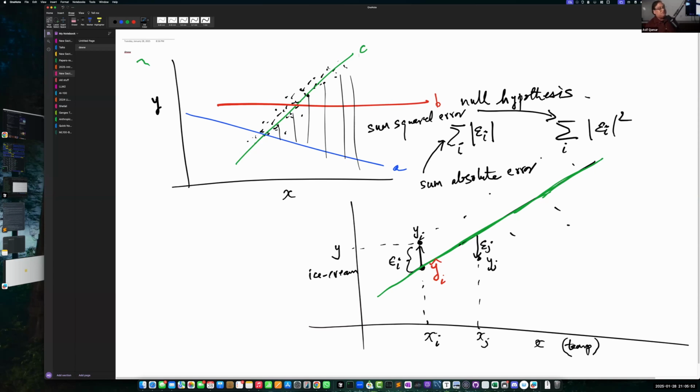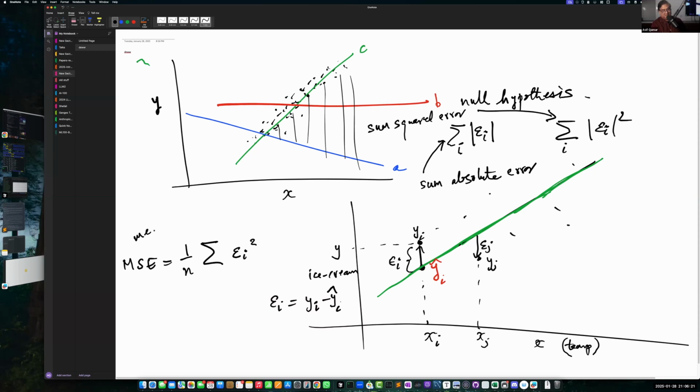And if I average it over n points, so suppose I have n points, suppose I do this, epsilon i, where epsilon i is yi minus yi hat, the difference between prediction and reality, right? Then suppose I do this and square. What is this? This is the average, mean squared error, MSE.